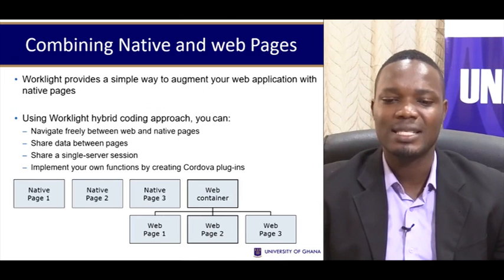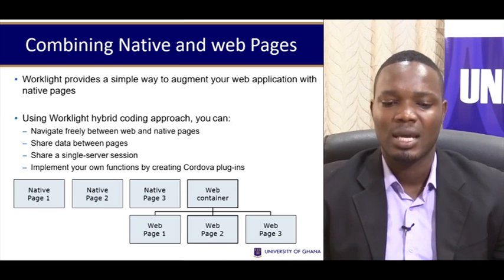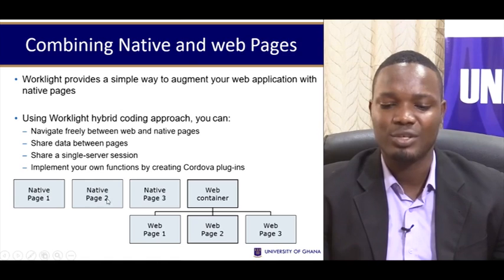Worklight provides a simple way to augment your web application with native pages. We would use the Worklight hybrid coding approach. As we see from the diagram, we can have native page 1, native page 2, native page 3, and then our web container, and from there web page 1, web page 2, web page 3. All of this is combined in one application.